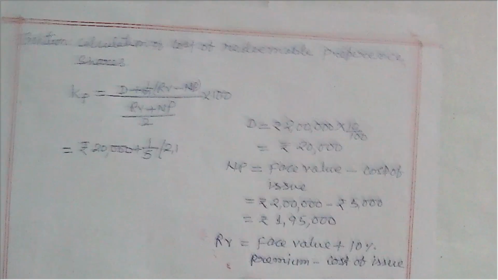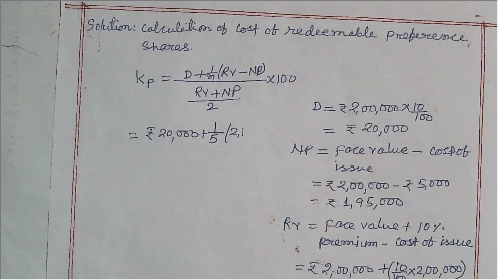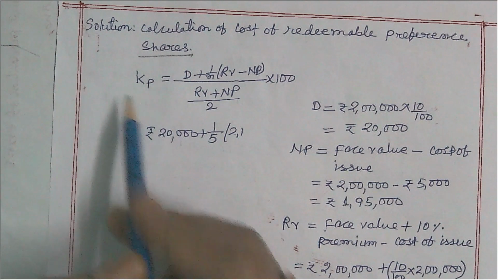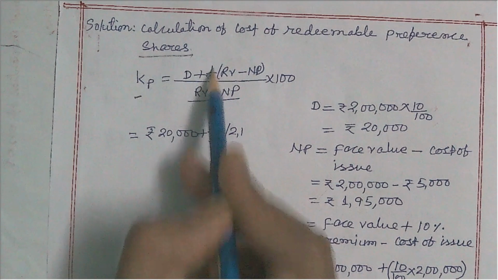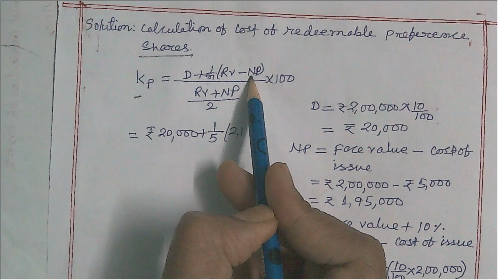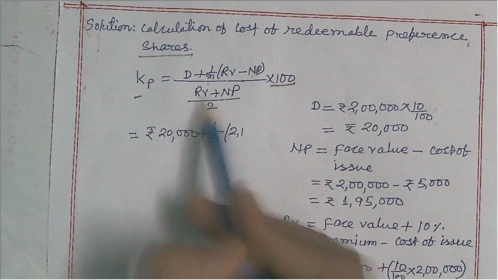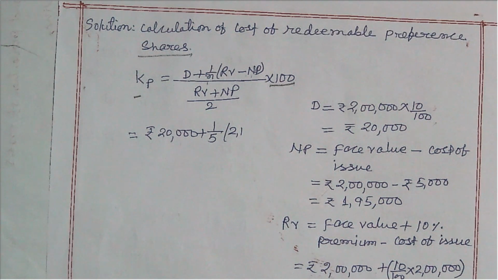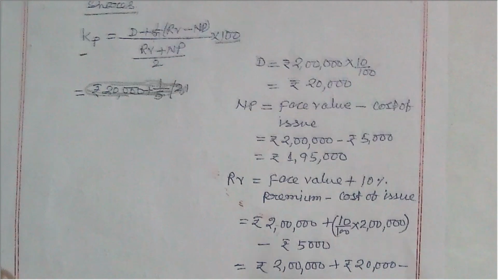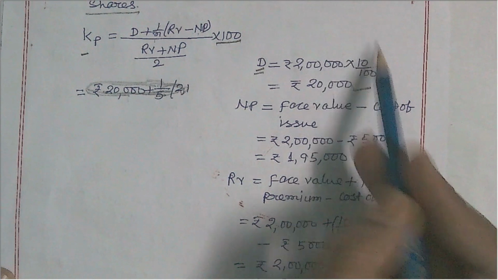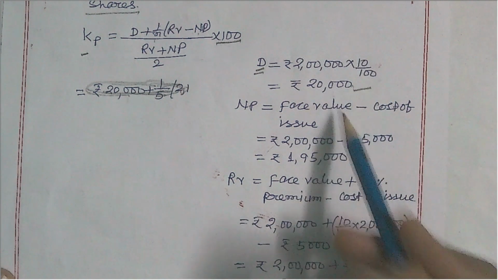A very simple formula. Solution, calculation of cost of redeemable preference shares: Kp equals D plus 1 by N into redeemable value minus NP, into 100, divided by the average of redeemable value and net proceeds. All the elements are calculated individually. D is 20,000, which is 10% as given in the question.